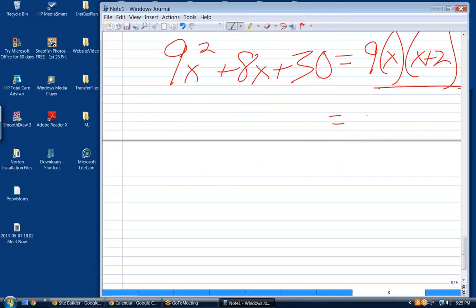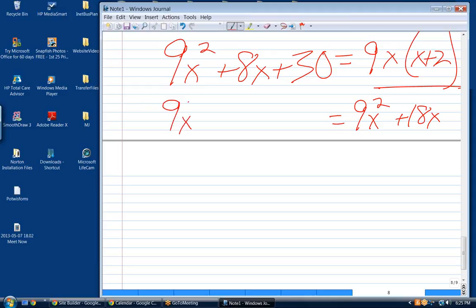When you multiply 9x times x plus 2, 9x squared plus 18x. In other words, this 9x I can think of without parentheses. So when I multiply this 9x by this binomial, I get 9x squared plus 18x.